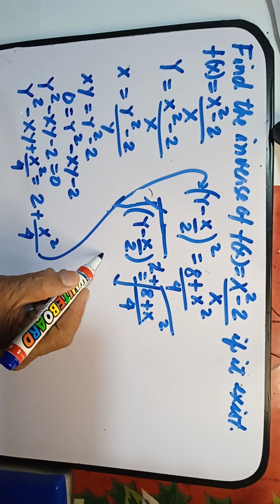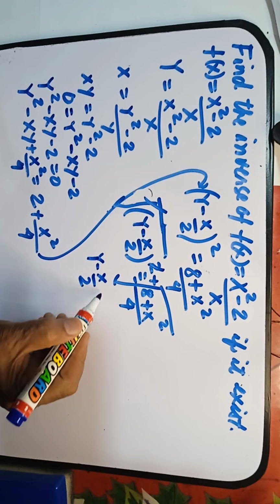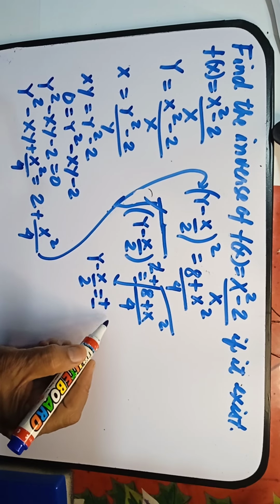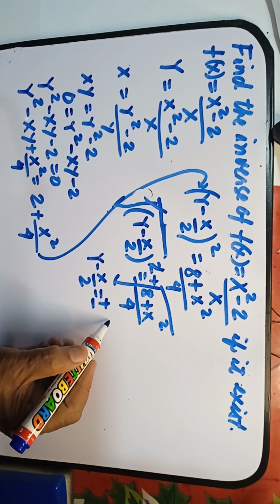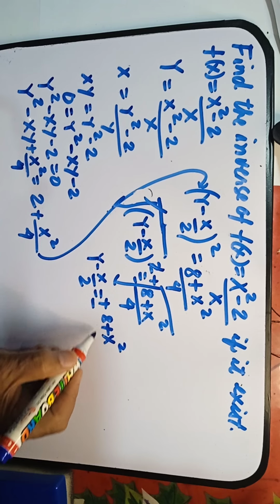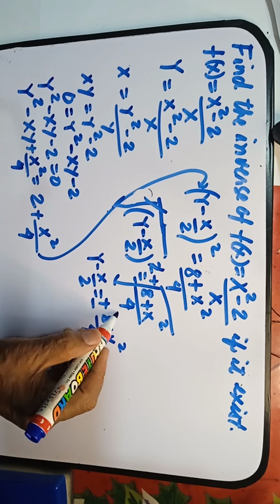So we have the remaining y minus x over 2 equals plus or minus the square root of 8 plus x square over 4.